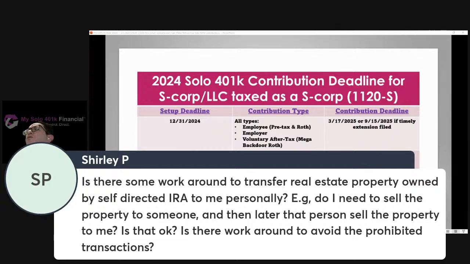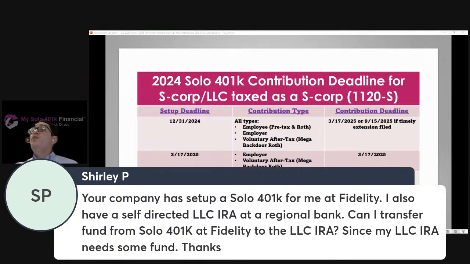So let's take that one second. Thank you so much for the good question. Here, your question in simple terms is whether you can transfer funds from your solo 401k to your IRA LLC. So I understand that the scenario provides that there's an LLC owned by an IRA.